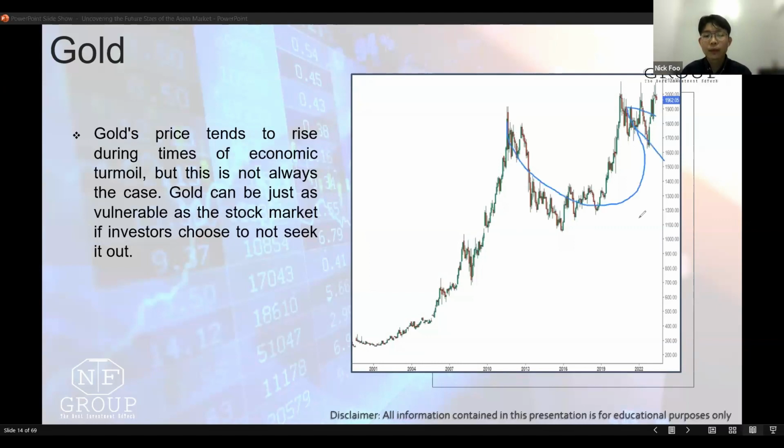And the gold futures price has already broken out of this handle here. So this is a cup and handle, and it is a positive or bullish pattern. So this is another key economic indicator of a recession, ladies and gentlemen.